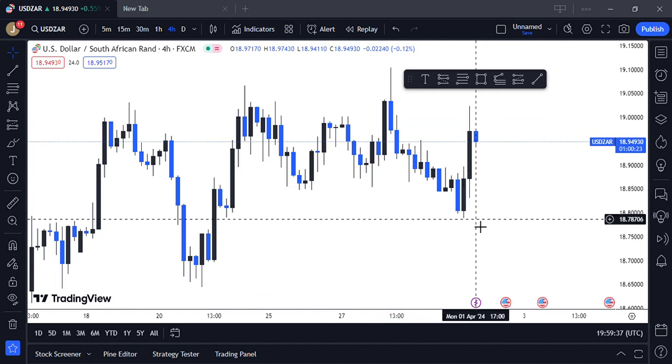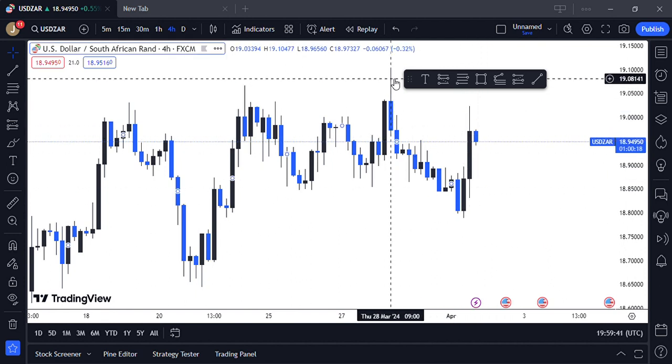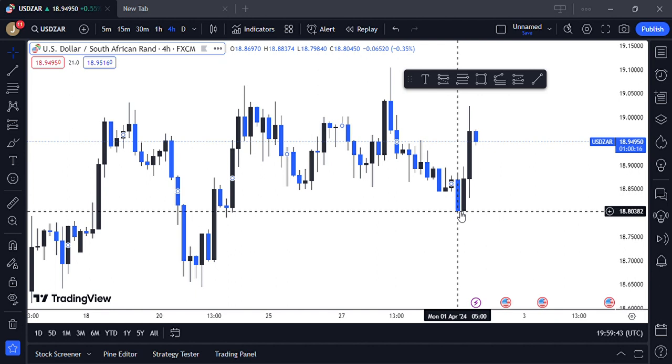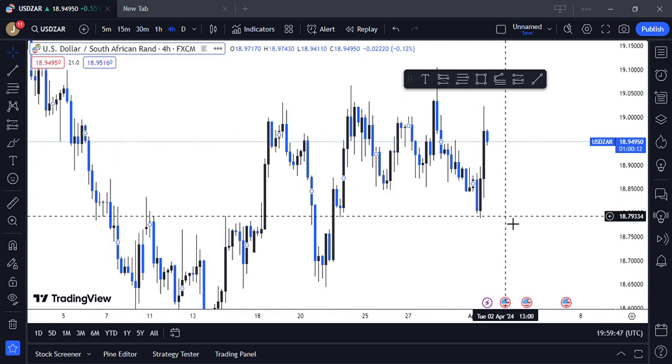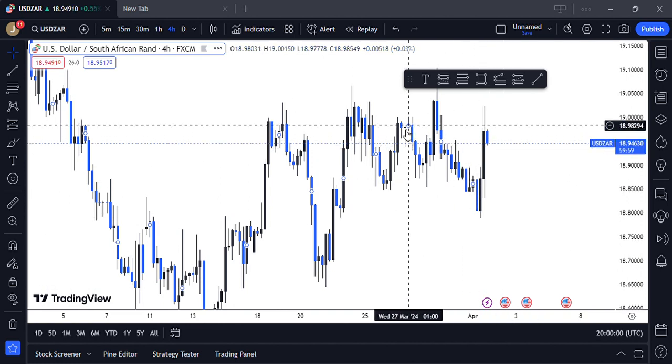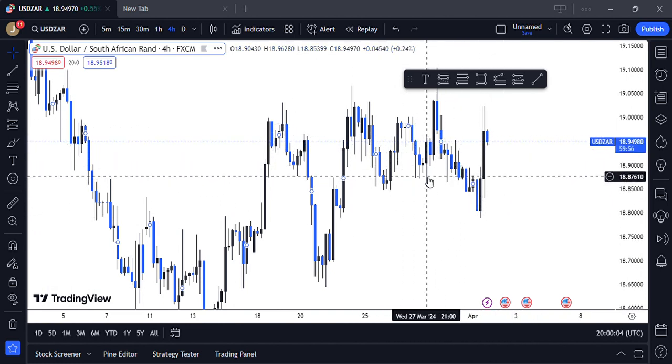So from here to there, it's a bullish movement. From here to there, it's a bearish movement. You understand? So we look at different currency pairs: USDZAR, EURJPY, USDJPY, just to analyze and see how the market is going to move. This is price, so we're going to say how price is going to move.